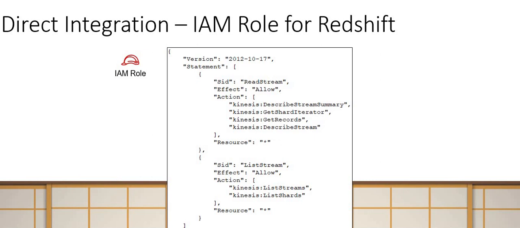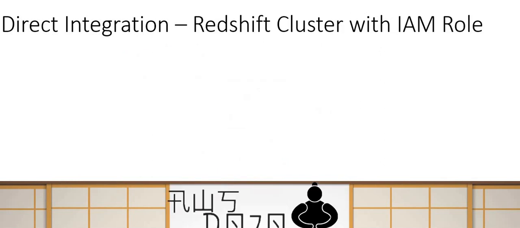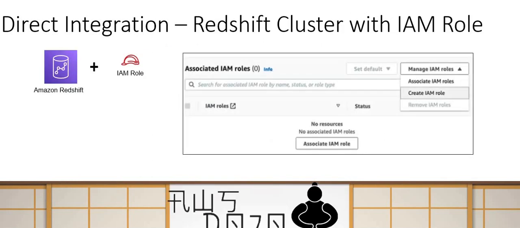So right now this is a generic role definition I'm showing over here, but in the read stream part you can actually mention the specific Kinesis data stream in your resources section to make sure your Redshift can read data from the Kinesis data stream you mention over here. But this is how the role looks like. Then you simply launch a Redshift cluster, nothing new and magical over here.